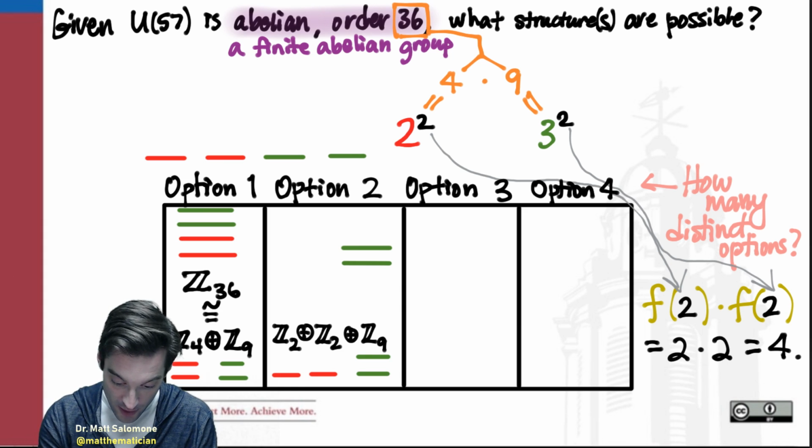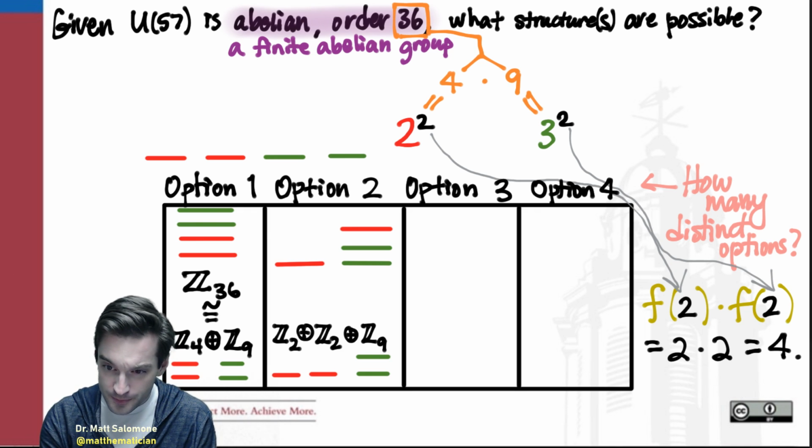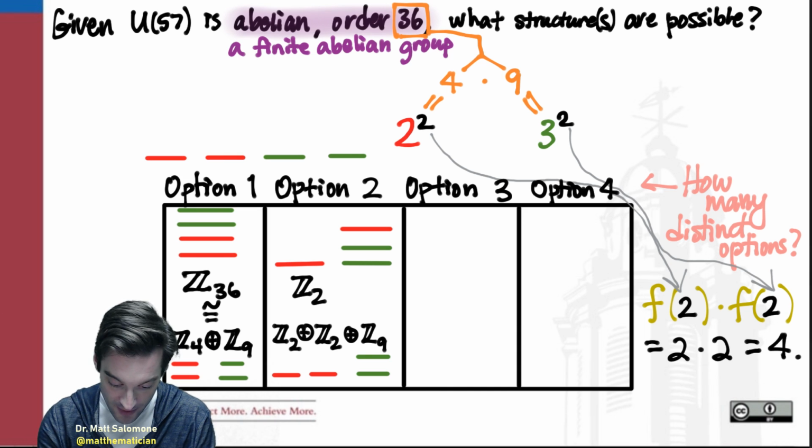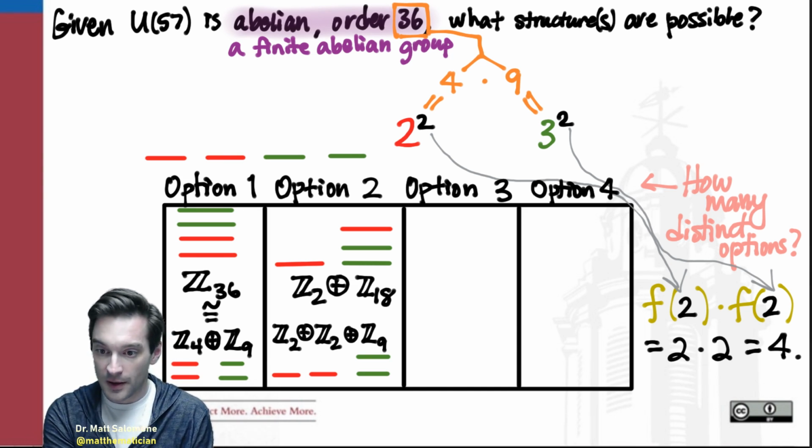One in which we have my green chips still stacked, but now I'm stacking a red chip with them, and then I have one red chip that is off on its own. And so that's the group Z2, direct product Z18. And so that is a distinct option from this one, because there's no legal stack it move that can get me from one of these positions to one of those positions.